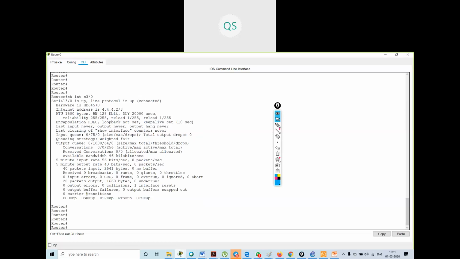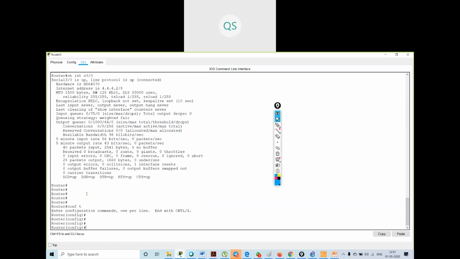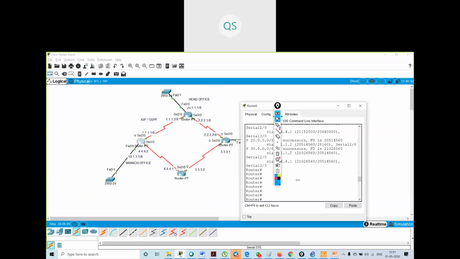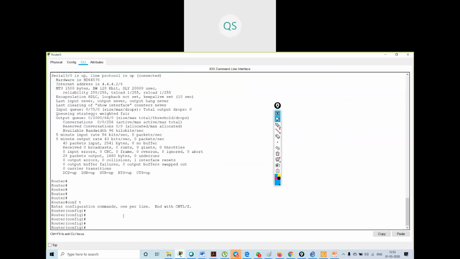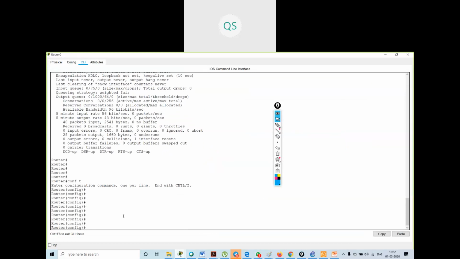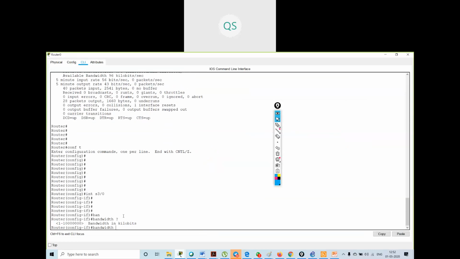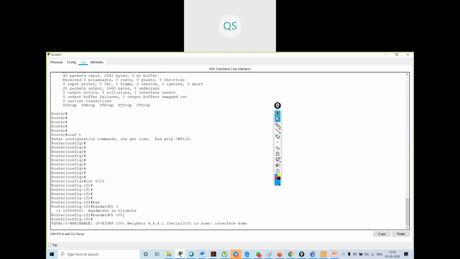I will change the bandwidth value for the route that is going via the 0.0.0.0 network. How to change it? Go to interface serial 3/0 and use the bandwidth command, given in kilobits. 128 is there now; I will make it 100.